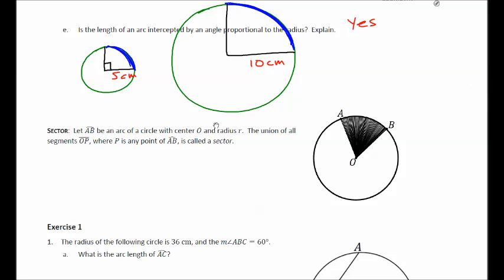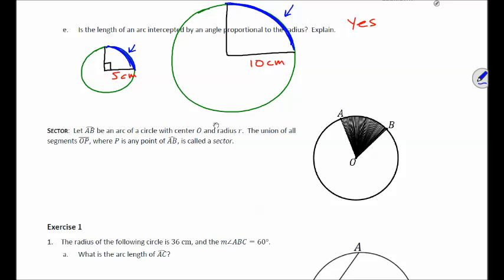Okay, this bigger one would have an arc length twice as long as the smaller one, because they're similar to each other, and because the radius is twice as long as the smaller one's radius. Now the question might be, what is the constant of proportionality? What is that ratio between the small one and the big one?